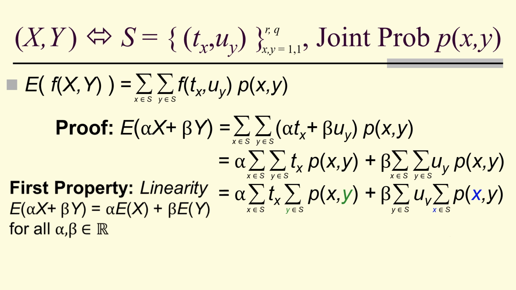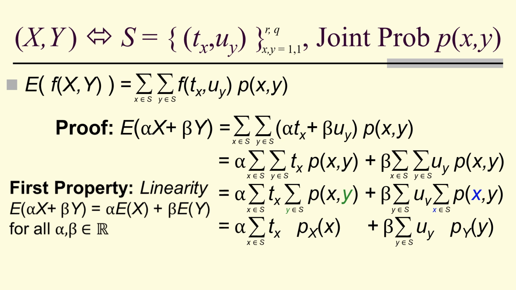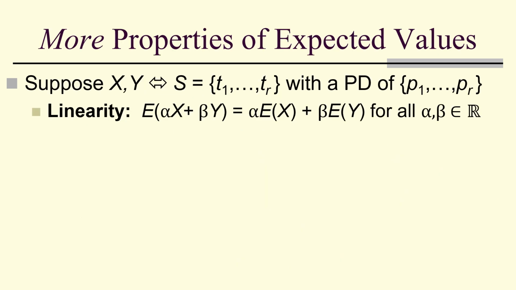And notice now we are summing over the y in the first sum. That's going to give us a marginal p of x. And we're summing over x in the second sum, which is going to give us a marginal p of y. And now we have alpha times the expected value E of x plus beta times the expected value E of y. And there's our proof. So we have linearity.